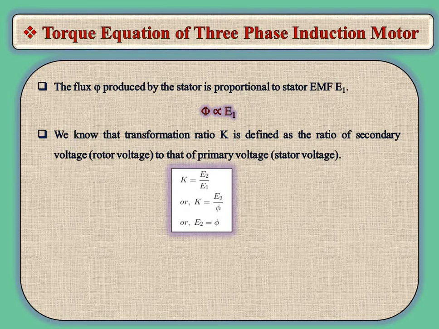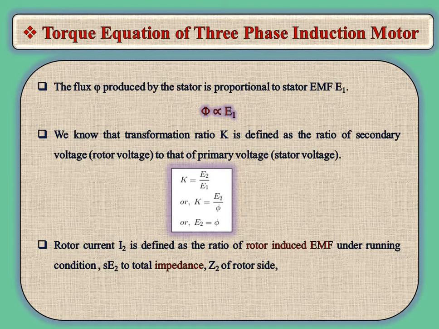So the transformation ratio K is equal to E2 divided by E1, where E1 is proportional to phi. So K is equal to E2 divided by phi. Therefore, E2 is also proportional to flux phi.